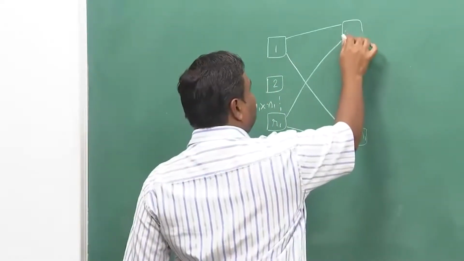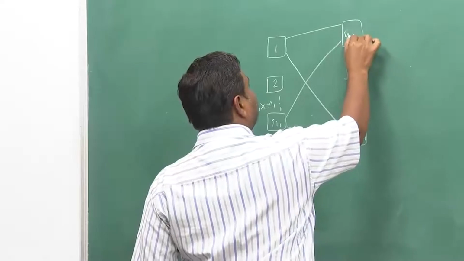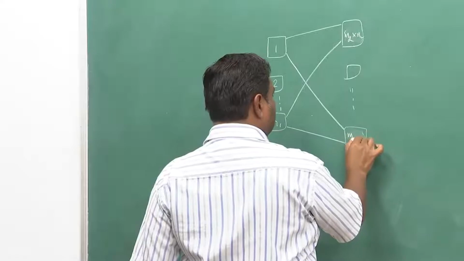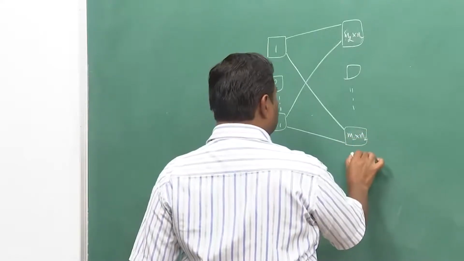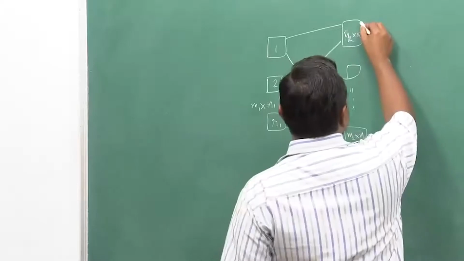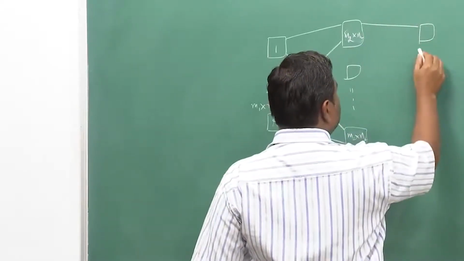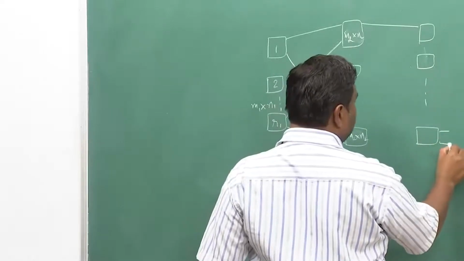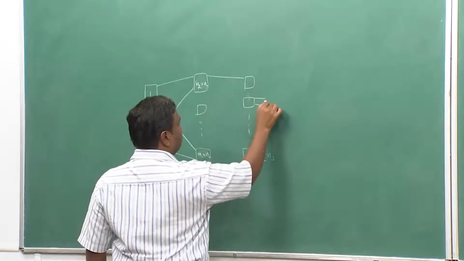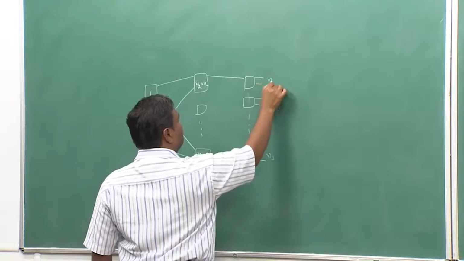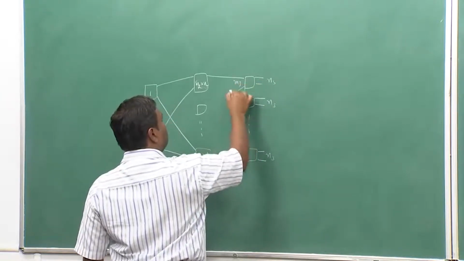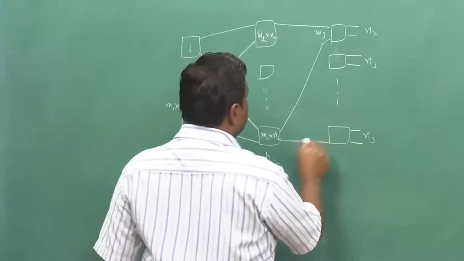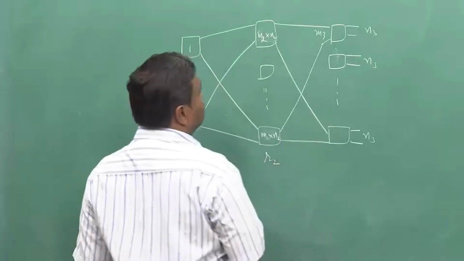So, we can actually do that, M2 by N2, and their total R2 number of switches. We have N3 as the output and M3 as the input in the last stage, and I can connect these.